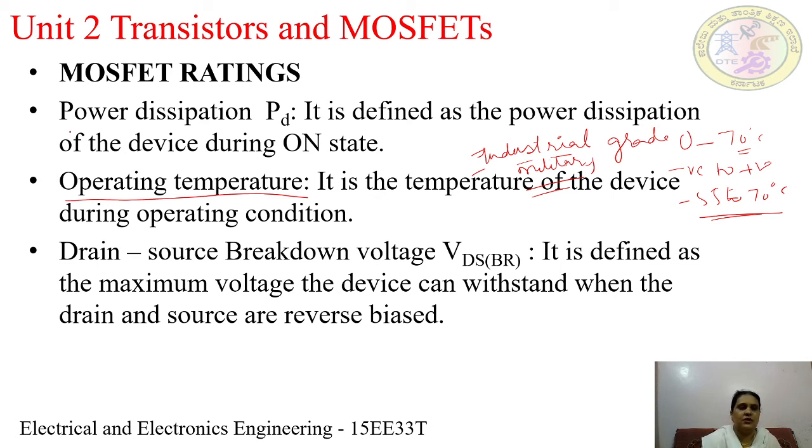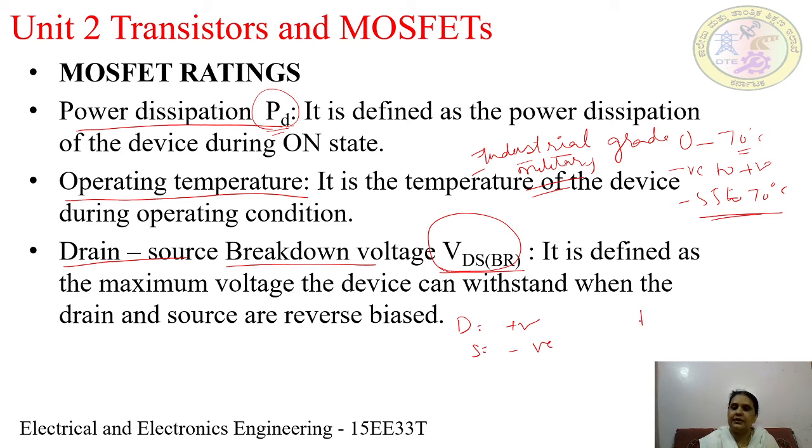Then what is the power dissipation of the MOSFETs? MOSFETs, we have already discussed, are low power devices. Then what is the drain to source breakdown voltage? So VDS breakdown. If I connect a reverse bias voltage, usually my drain will be positive and source will be negative.